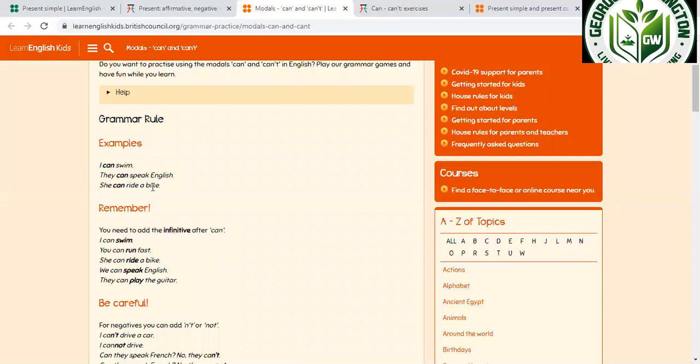She can ride a bike. So here, because it's a third person, I would think that I would need to add the S, but since I'm using can, then I don't have to write an S. This is a rule. After can, the verb goes in the infinitive form.